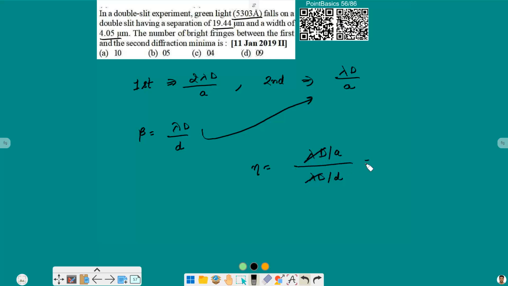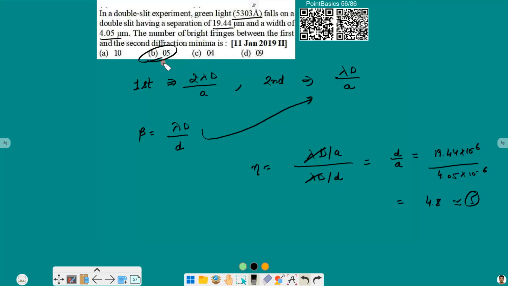So lambda d gets cancelled and we will get d by a, and that d is 19.44 into 10 raised to power minus 6, and a is 4.05 into 10 raised to power minus 6. We will get ratio as 4.8, and that is approximately 5. So option B will be the right answer.